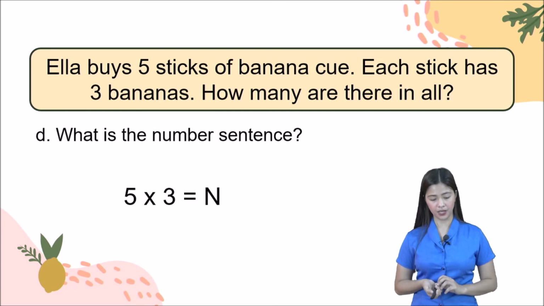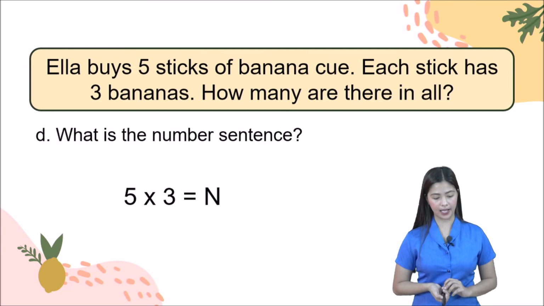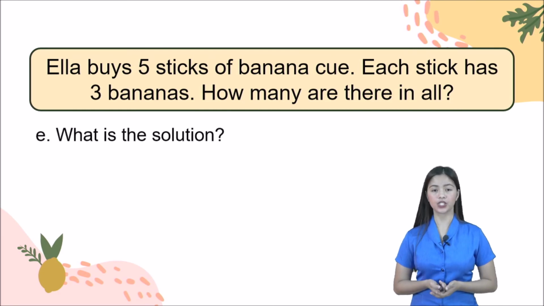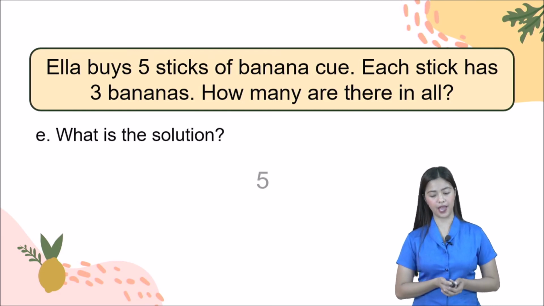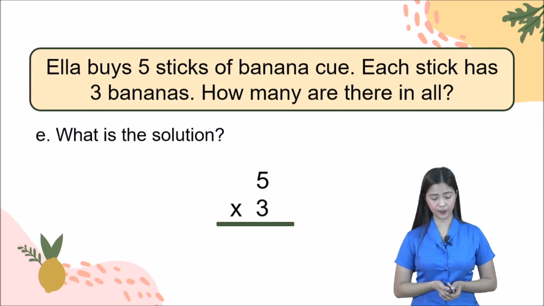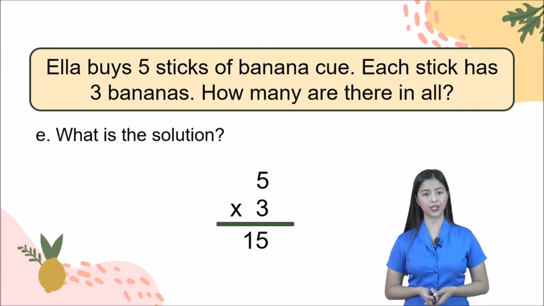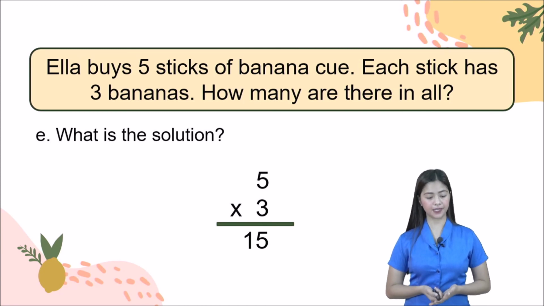Always remember, in the number sentence, always write equals n. So, since we already have our number sentence, let's show our solution, okay? We have 5 times 3 is equal to 15, okay, kids? That is our solution. 5 times 3 is equal to 15.